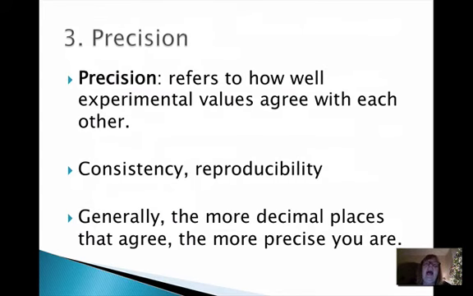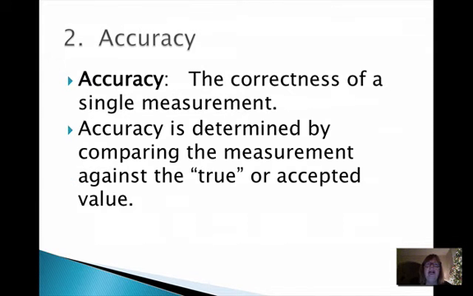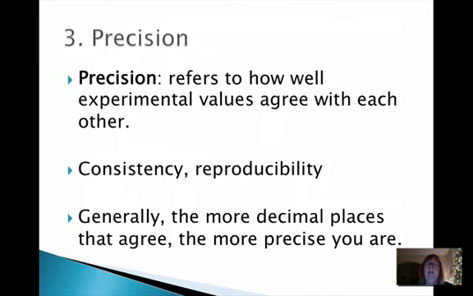This is how well experimental values agree with one another. Okay, so let's go back. Accuracy is the correctness of a single measurement, one measurement. Precision is when we're seeing how values agree with one another. Precision is about consistency or how you can reproduce your result.